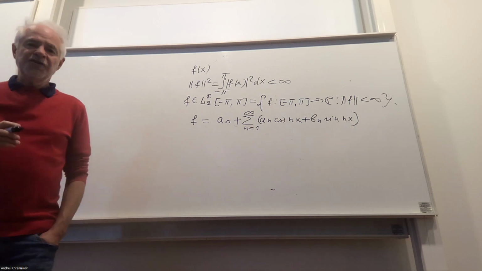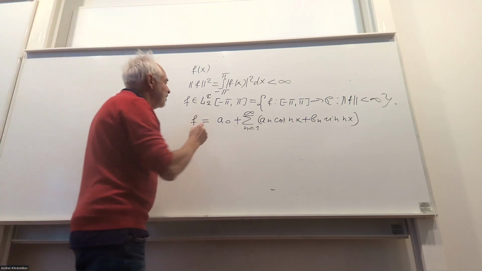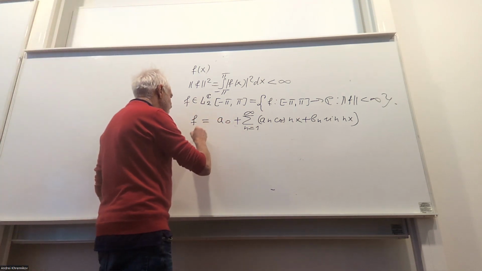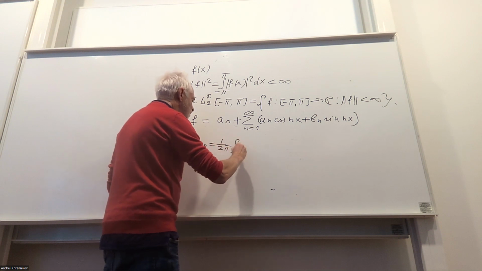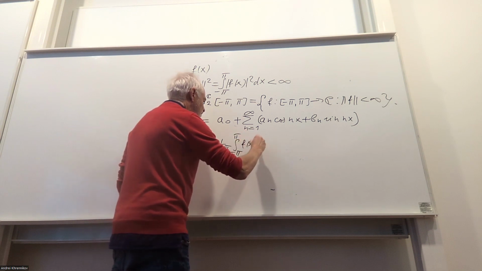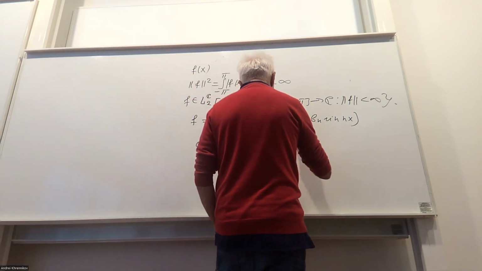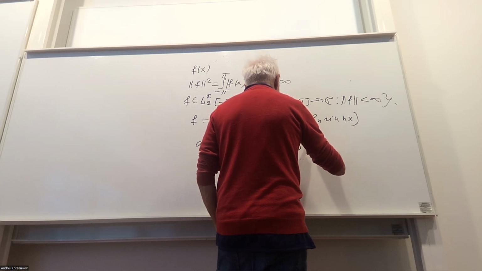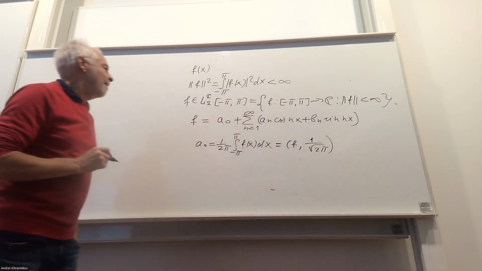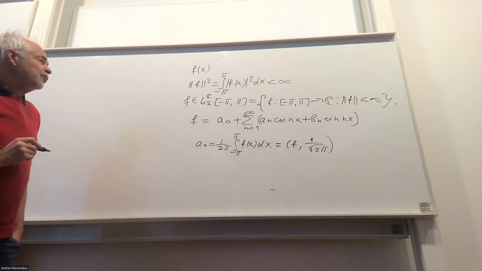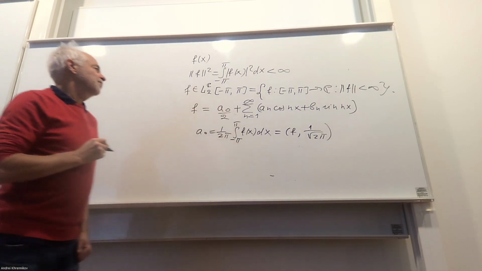And unfortunately, in this book which we use and shall use today, for example for proofs, sometimes people write just a0. What is a0 in our notations? It is 1 over 2 pi integral of f of x dx. So this is the scalar product of function f and function 1. Unfortunately, in this book, they write here a0 divided by 2.